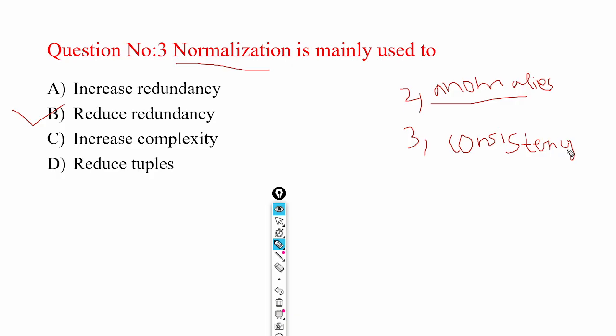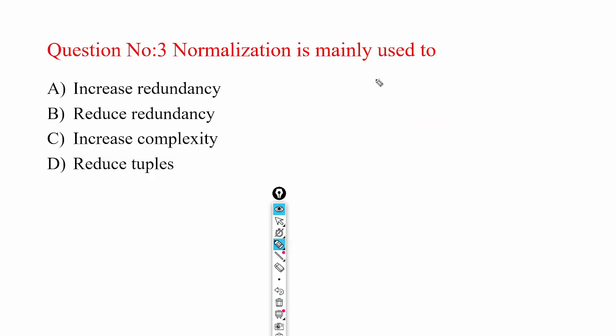Suppose the same department name repeats 100 times in a student table. What problem occurs?